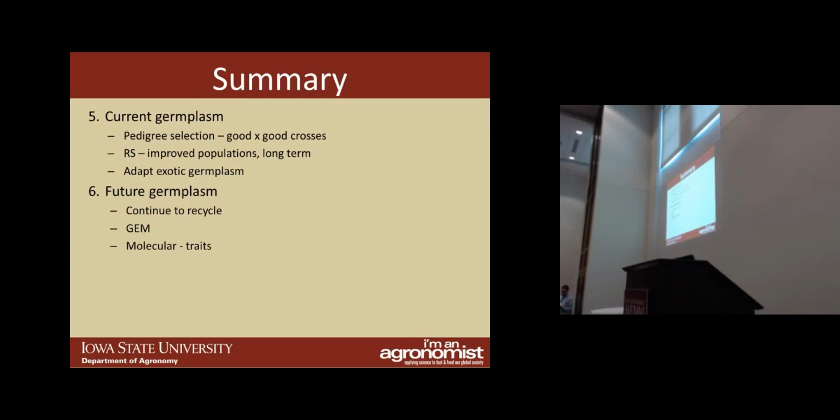But even CIMMYT, in the tropical and the lesser developed areas, is in hybrids now too. They discontinued or put less emphasis on their populations than they did before 1985 or so. When Ron Cantrell went there, they switched over to hybrids also. And there's a connotation to hybrid, you know.